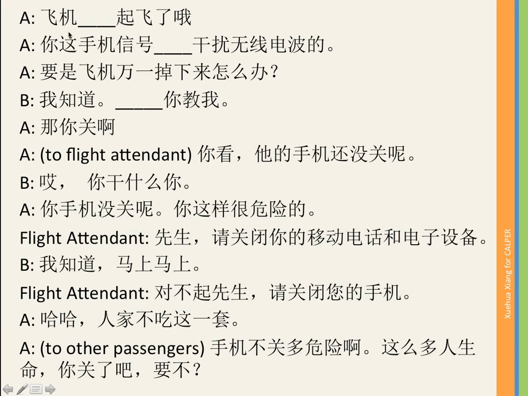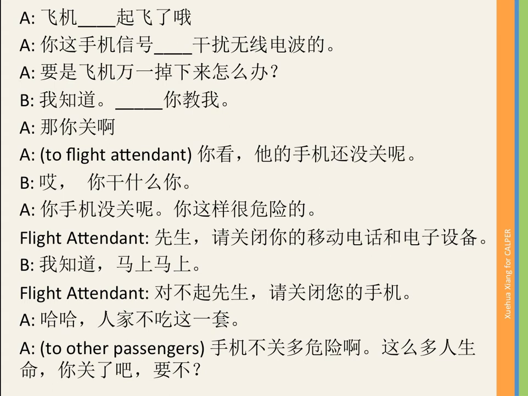The next has to do with a film clip of Lost on Journey, a very funny TV film. This is the beginning of the film where the farmer and the businessman are sitting next to each other. And then the farmer sees the businessman on his cell phone.